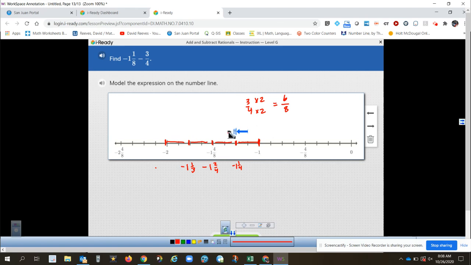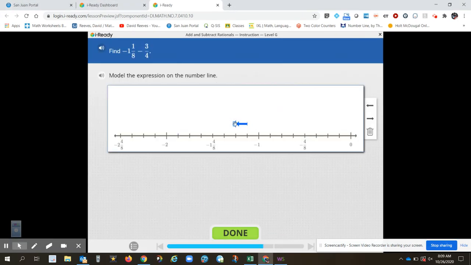Right here would be 1/8, 2/8, 3/8, 4/8, 5/8, 6/8. And that's the same as going 3/4, right? So going back 6/8 is the same as going back 3/4, and it's going to land me right over here at -2. Okay?